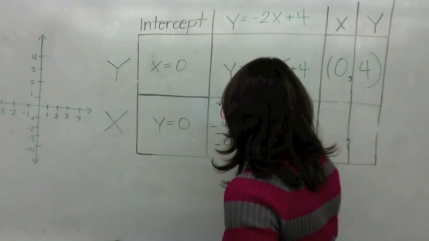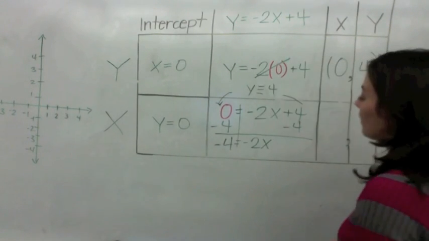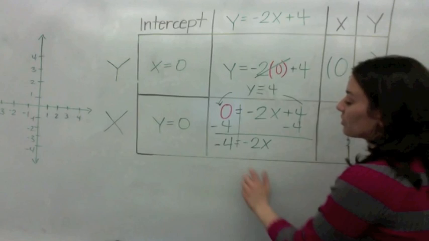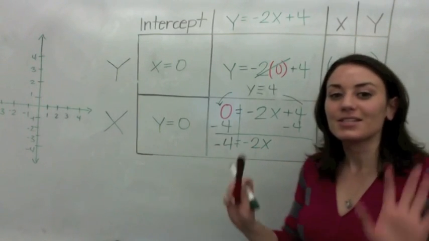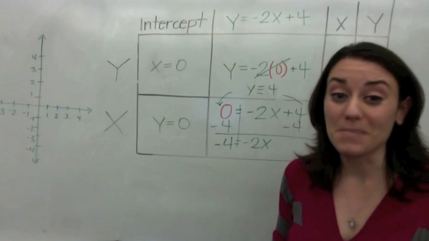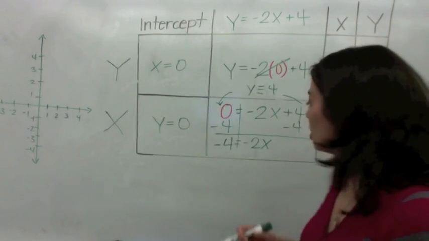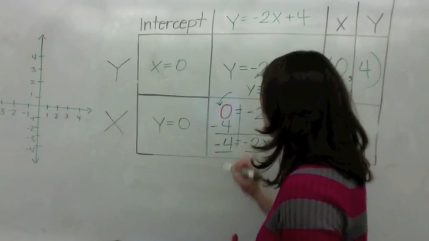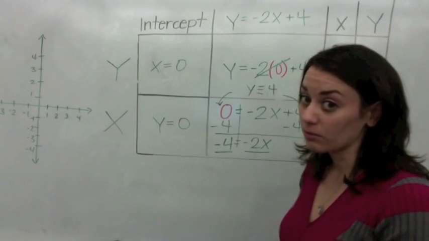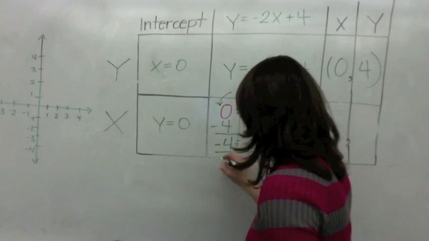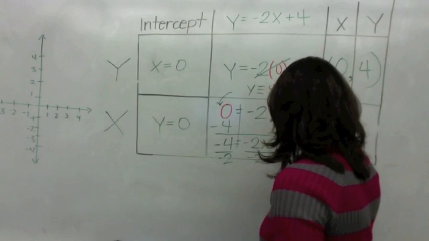-4 equals -2x. Now, even though the term is on the right and the number's on the left, it doesn't change it because Mr. -2 needs to get divorced from Miss X. So we're going to divide both sides by what, do you think? Divide both sides by, not +2, -2. That's correct. So what is x?